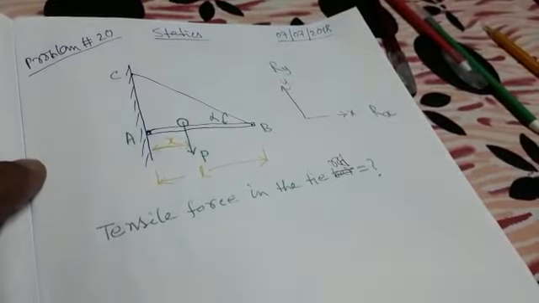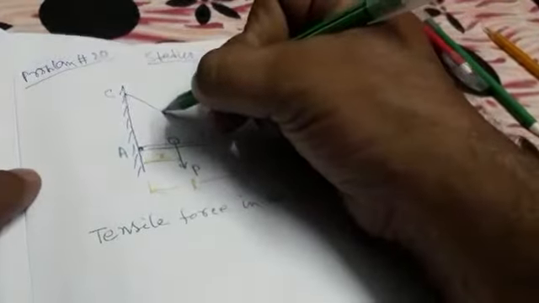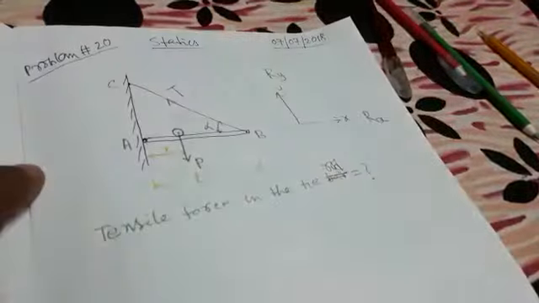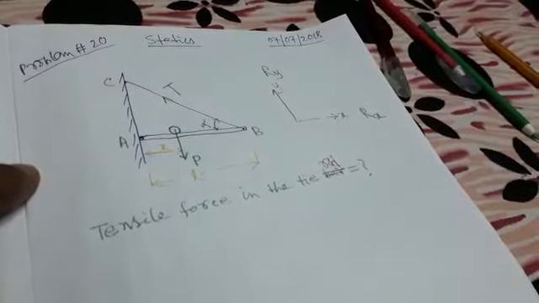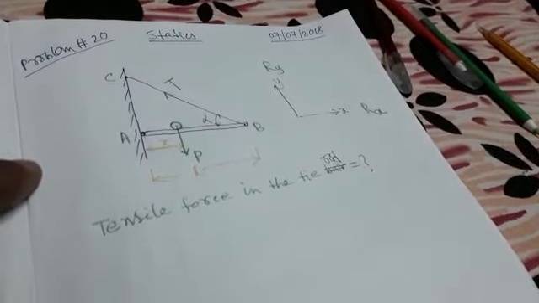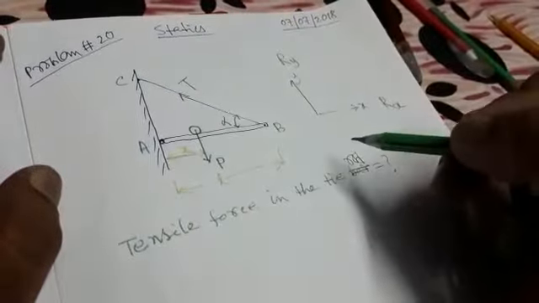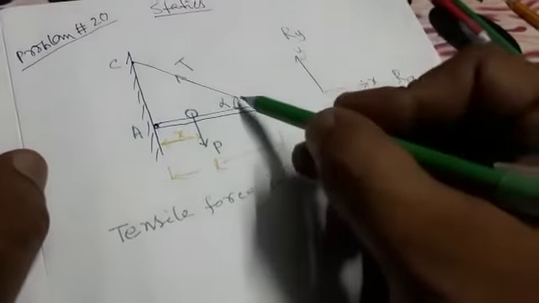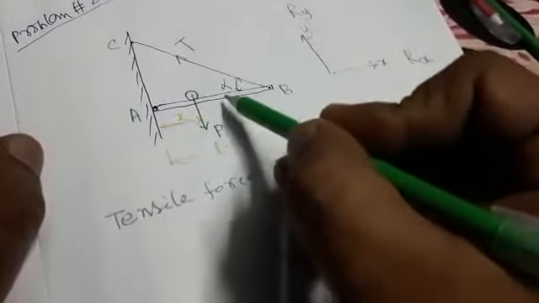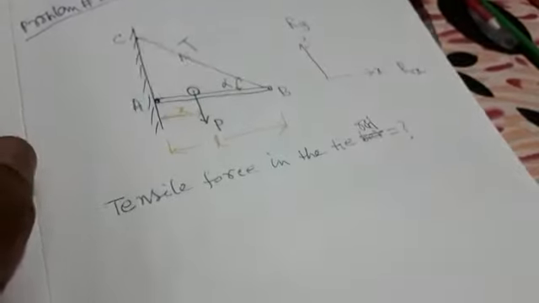So, assuming this, you can solve the problem and say the tension in the tie rod is denoted by T. This tension T can also be resolved into two components, one along x, another along y. Along the negative direction of x, it will be T cos alpha, and along y it will be T sin alpha.